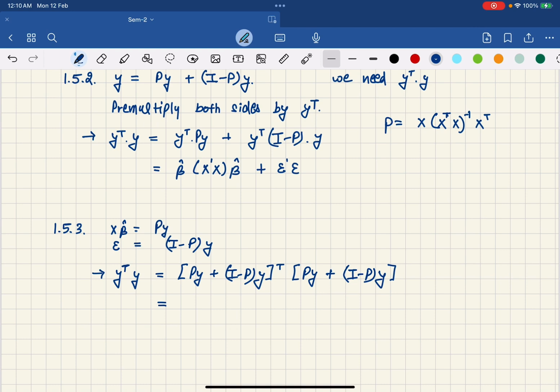When you simplify this, you will get y transpose P transpose plus y transpose (I minus P) transpose, using the rules of transpose.